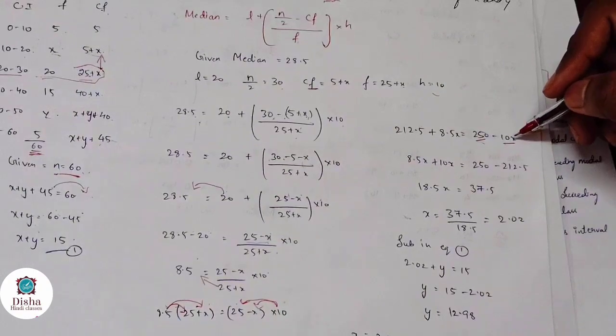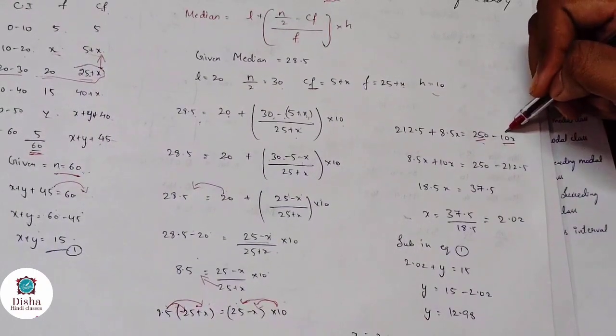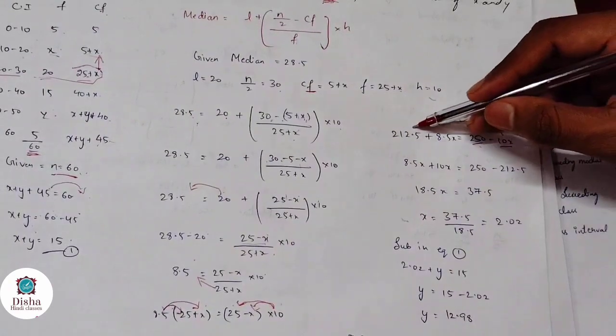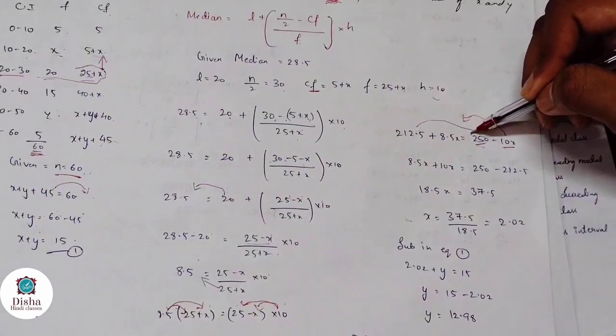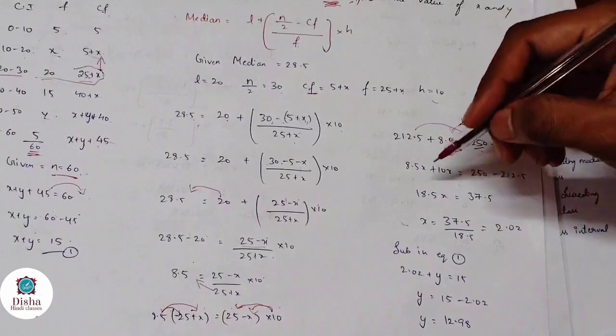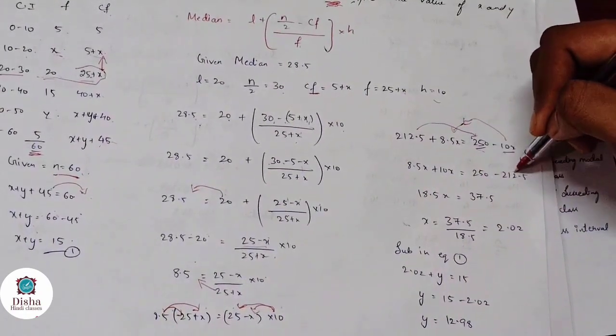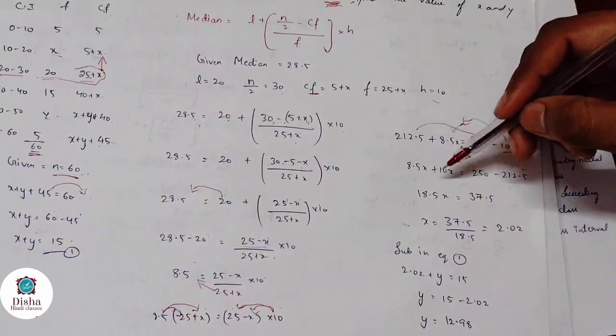We always have to keep the x value positive, so we send this minus 10x to the LHS, and bring this 212.5 to the RHS. So 8.5x plus 10x equals 250 minus 212.5.